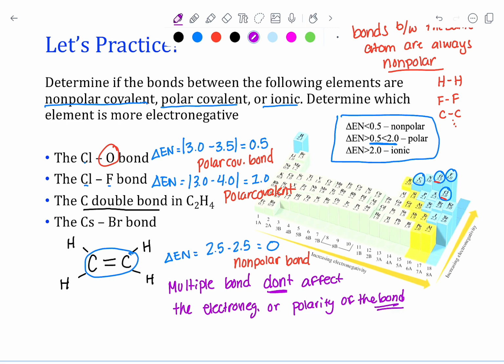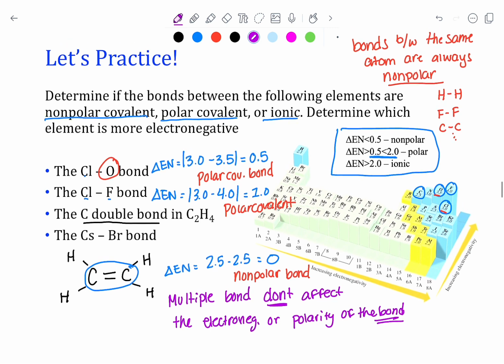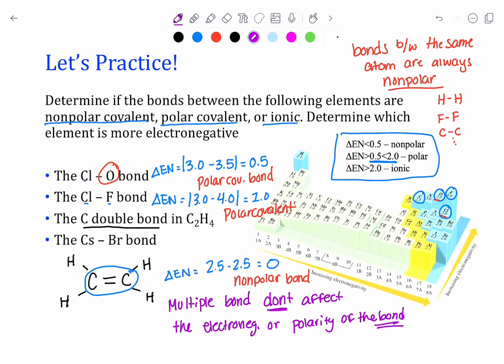It doesn't matter if there's a double bond, a single bond, or a triple bond, whatever it is, we're only looking at the difference between the two atoms that are bonded together. It doesn't matter how many bonds it takes to bond them together, it just matters what those atoms are. And if they're the same, then it's going to be nonpolar, regardless.